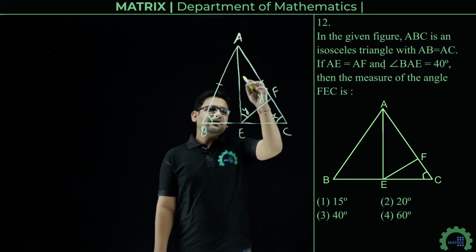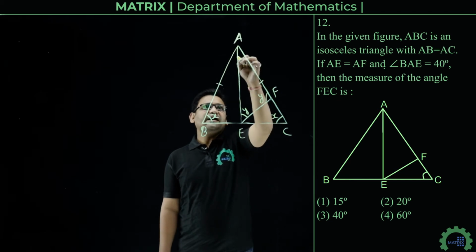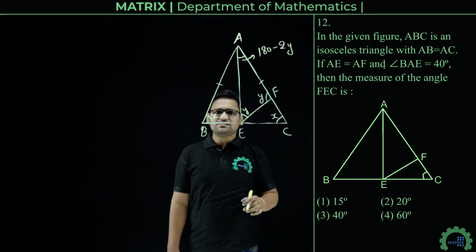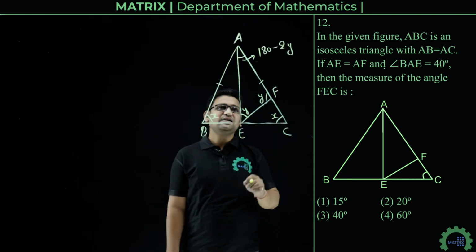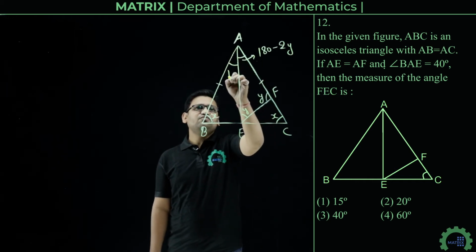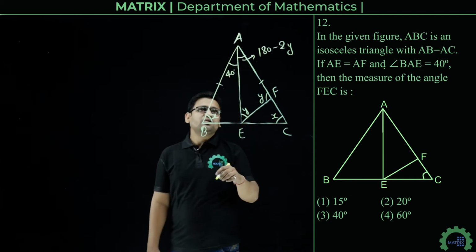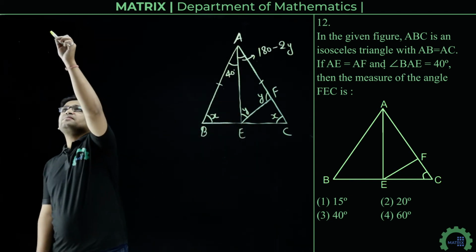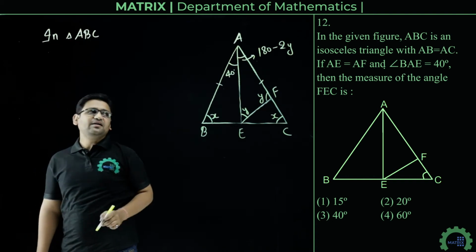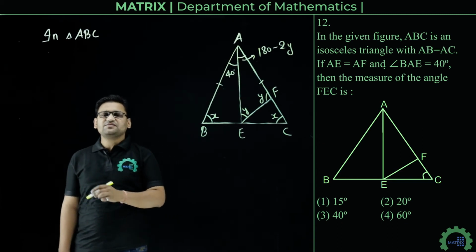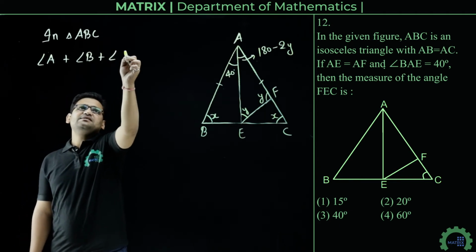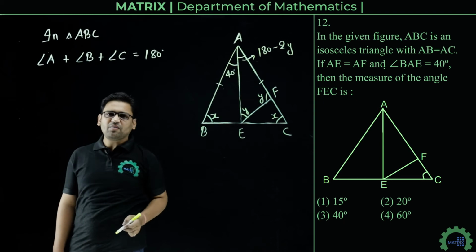Now in triangle AEF, we can write this angle as 180 minus 2y, as the sum of the angles of a triangle is 180 degrees. So we can write this angle as 180 minus 2y, and this angle is given as 40 degrees. So in triangle ABC, we can write angle A plus angle B plus angle C is 180 degrees, by the angle sum property of a triangle.